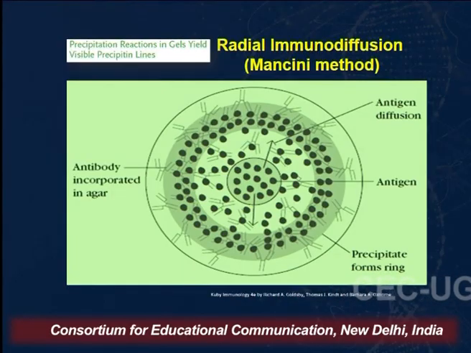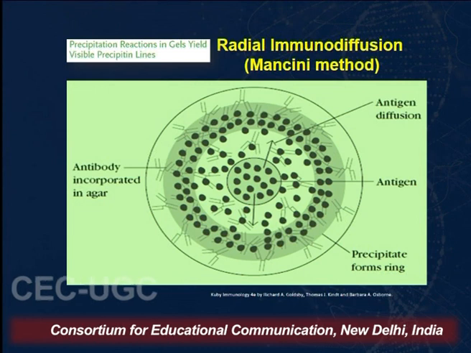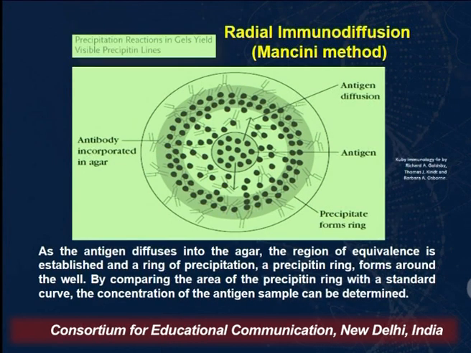In this, the antibody is already present in the agar plate, and in the center a well is created in which the antigen is loaded. As the antigen is loaded, over a period of time it will diffuse in the agar, and as the diffusion takes place, it diffuses to a certain point where a precipitin line is formed, a precipitin ring. We will see some of the images over here.